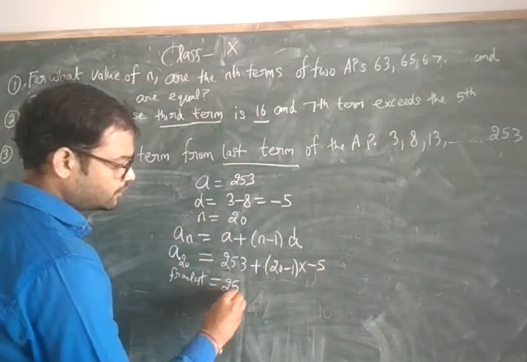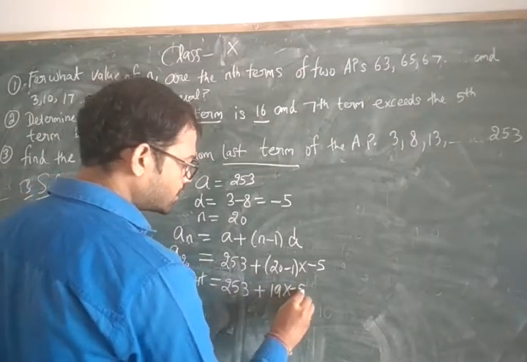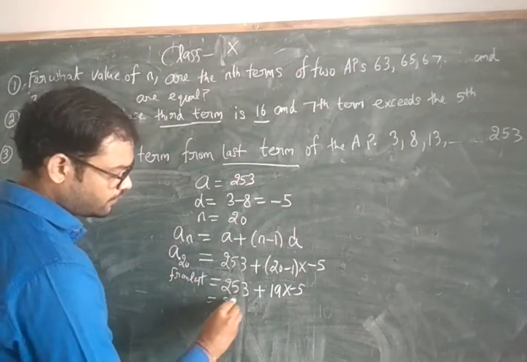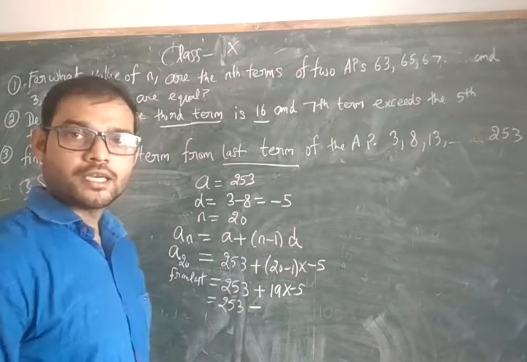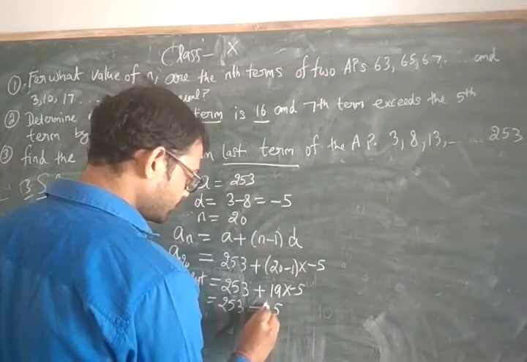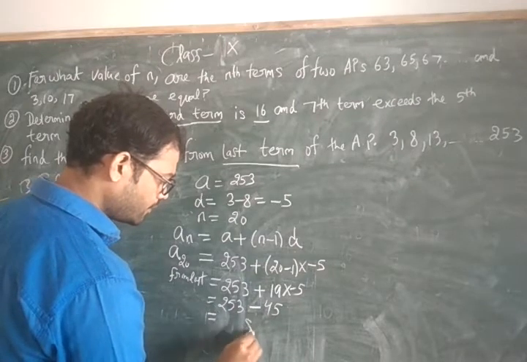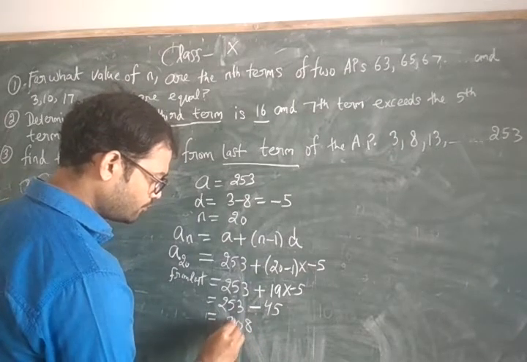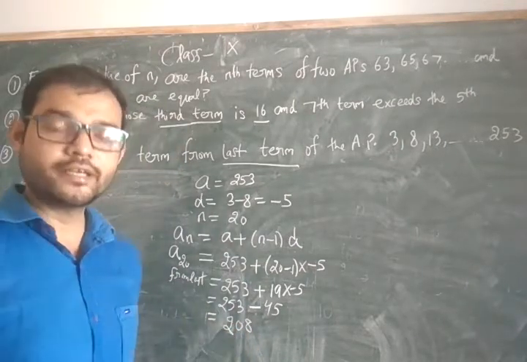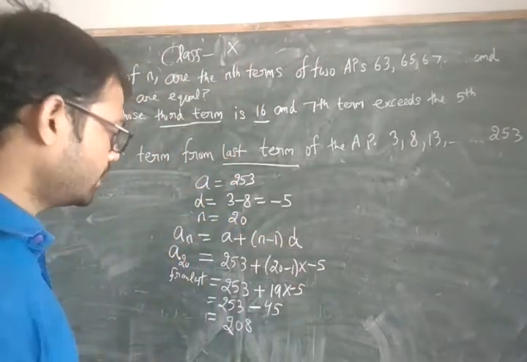So 253 plus, we will solve, 19 into minus 5. So 253 minus, and multiply, 95. So now subtract it, it becomes 158. So 158 is the 20th term from the last.